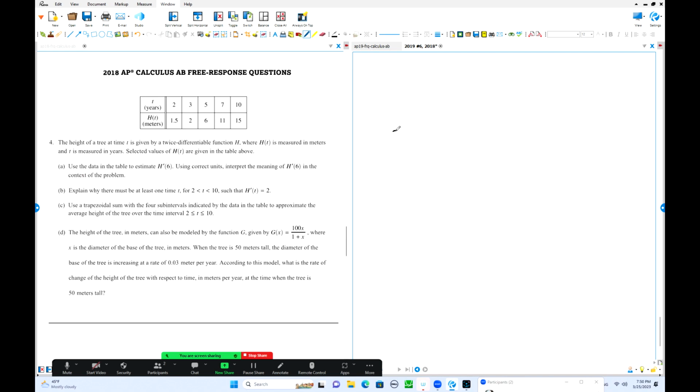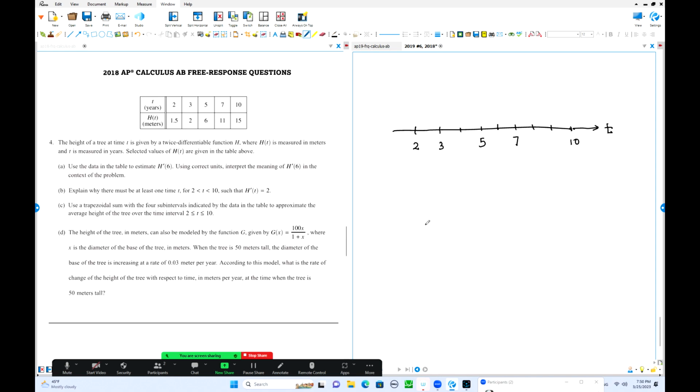So I can make a little graph over here, okay? This is 2, 3, this is 5, and this is 7, and this is 10 over here. When t is 2, the height is 1.5.